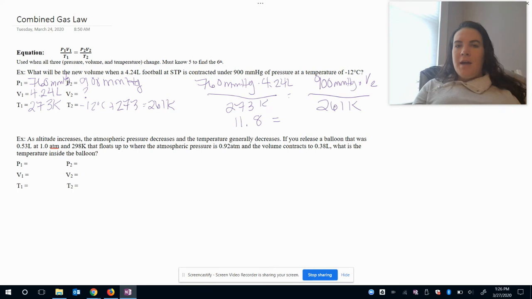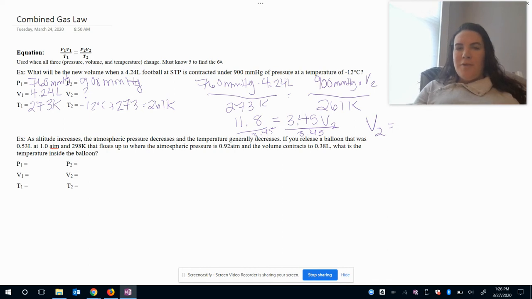And then 900 divided by 261 gives you 3.45, and that gets multiplied by V2. And then we wanted to find V2, so we're going to divide by 3.45 on both sides. And because all our units matched, our V2 is just going to match the units for V1, which was in liters, so this one will be in liters as well.